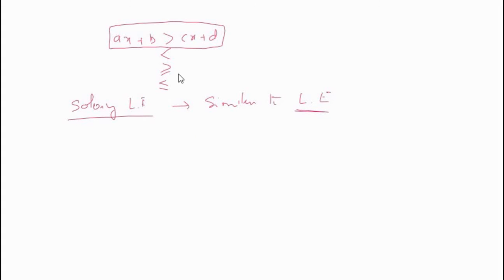In the linear inequation, suppose it is say 4x plus 5 greater than or equal to 8. If you divide both sides by a negative number or multiply both sides by a negative number, then the inequation sign gets reversed. This is the main difference between solving a linear equation and linear inequation.